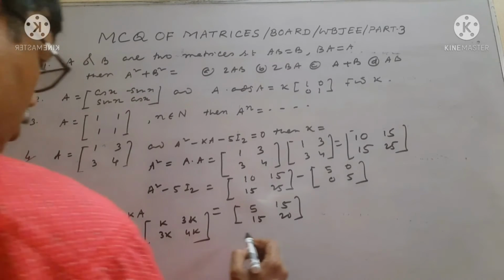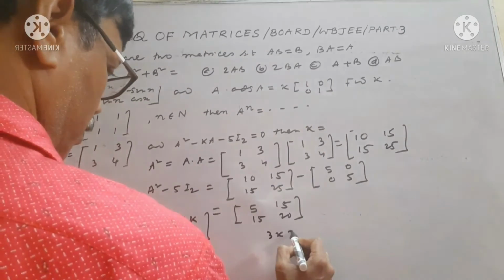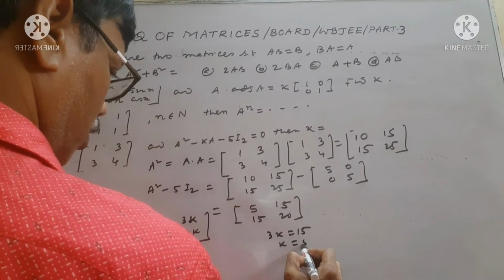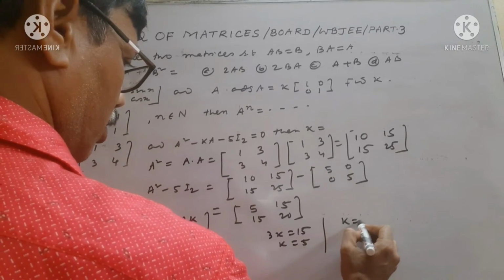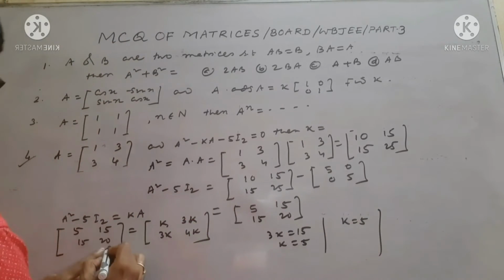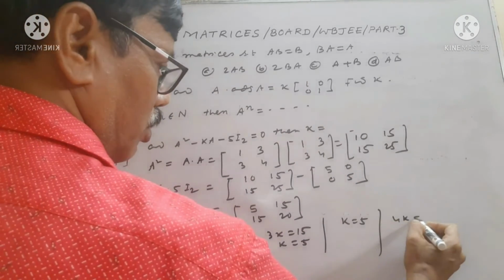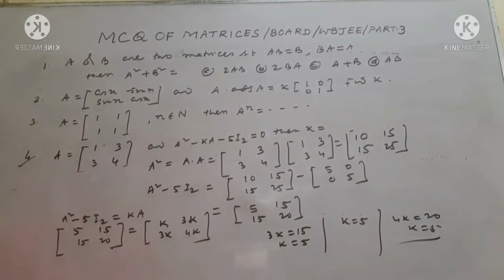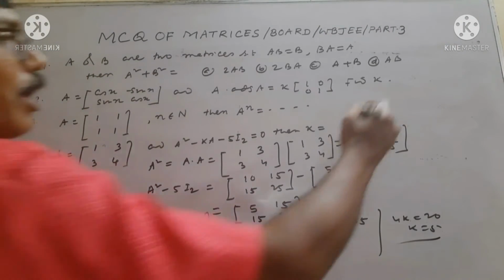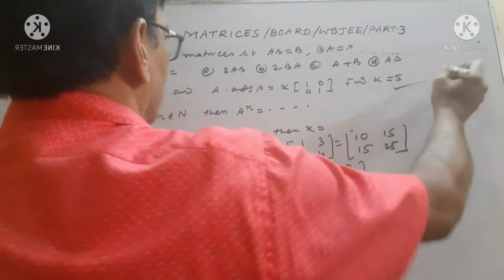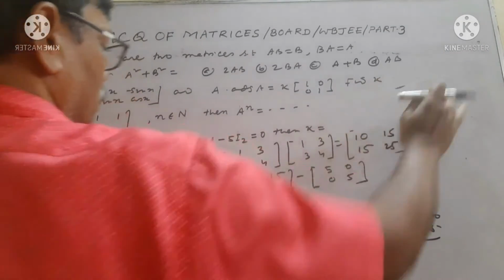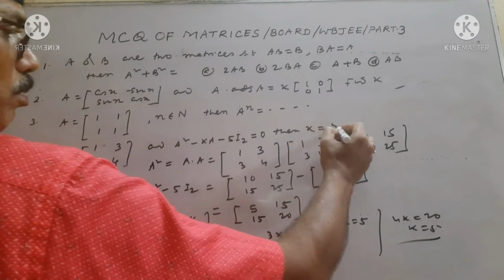So 3k equals 15, so k equals 5. Here also k equals 5. 4k equals 20, k equals 5. So what is the value of k? K equals 5.